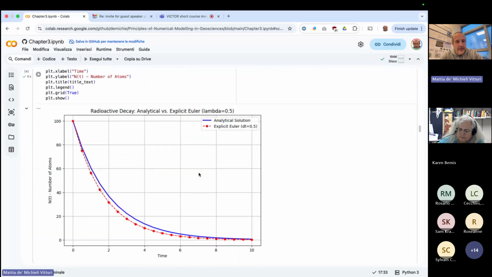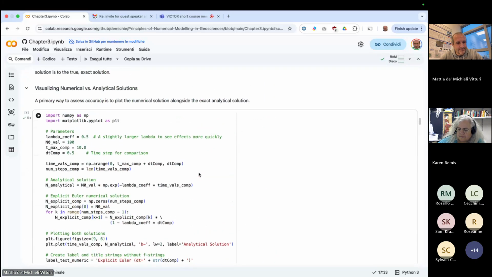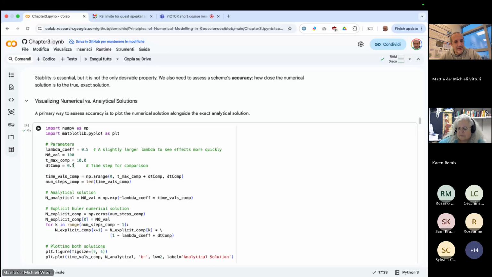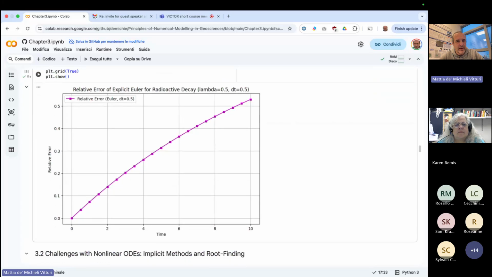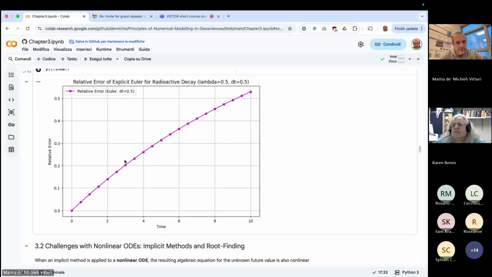Let's go back now. If we decrease the time step to 0.1, what do you expect to see here in the relative error?